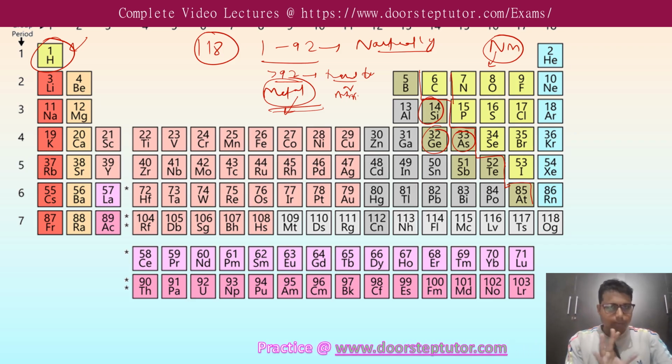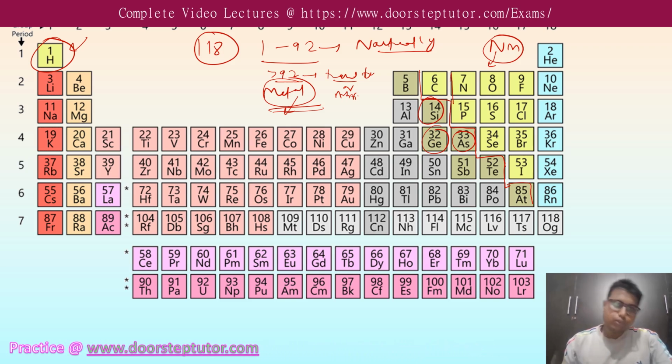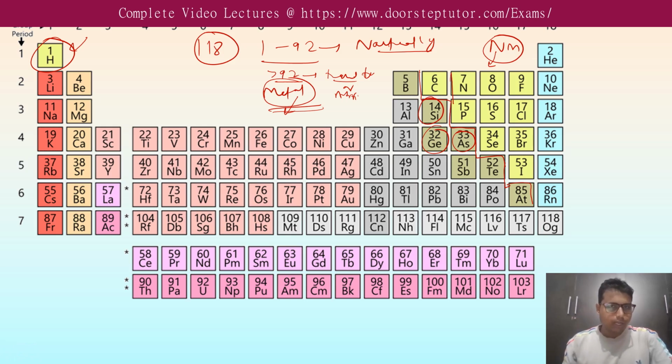And we have also got that there are 118 elements. Out of these, some are non-metals, some are metals, and some of the elements are also metalloids. Okay, and most of the elements in the periodic table, if you see here, are metals. And let's understand the metal. What are metals?